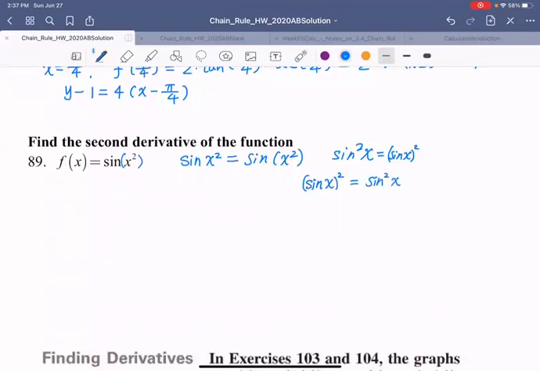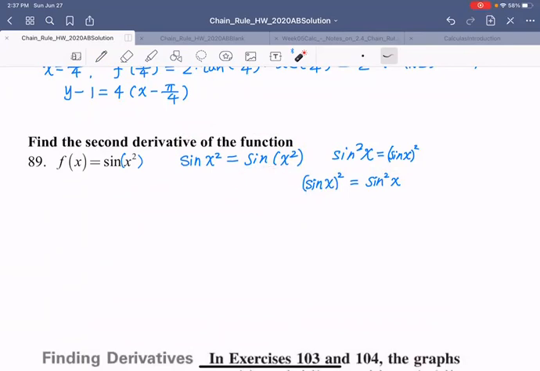But if you have sine x squared, if they write this, that means you do the x squared first, and then you do the sine. This is the same, but this does not equal, okay?